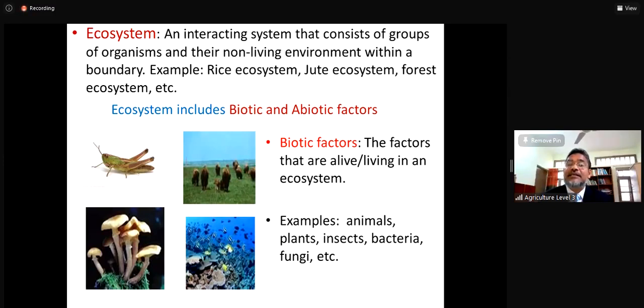The factors that are alive and living in an ecosystem. যত living thing আছে ওই এরিয়াতে, that is called biotic. Biotic হলো animals, plant, insects, bacteria, fungus, virus, nematode, all these are the example of biotic factors. Living.